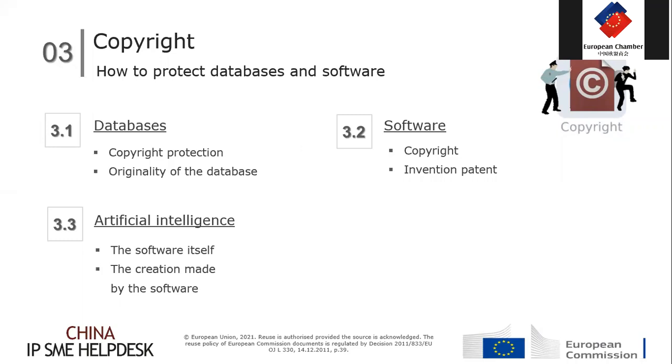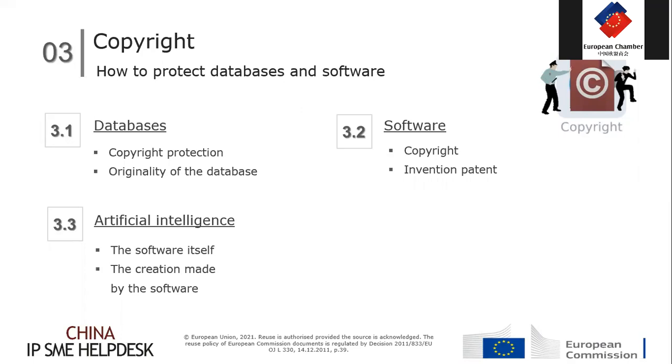So when we talk about artificial intelligence, we have to separate the software itself from the software integrated into a more complex process. One is protected by copyright, while the second one is most likely protected by invention patents. It has to be checked case by case, but this is the rule.